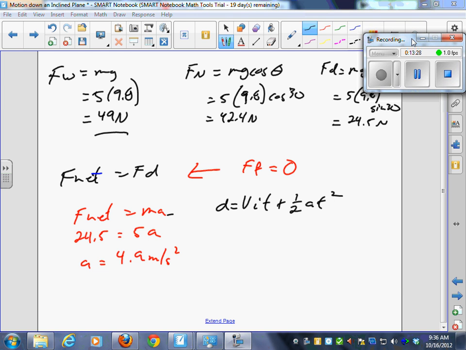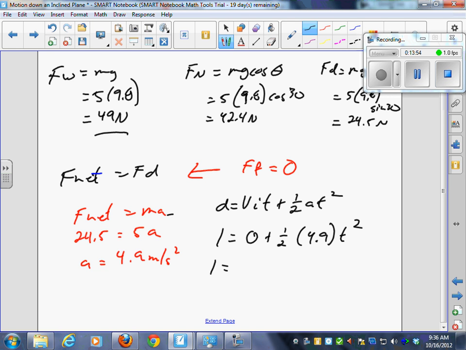The length of the ramp was 1 meter. Assume it's at rest. Things tend to start at rest at the top of ramps. 1/2 of 4.9 times t squared. Do I need to do the math steps here, or do you think I can just write t equals? Just write t equals. I don't want to confuse anybody.